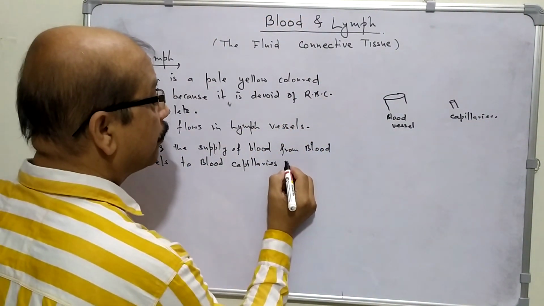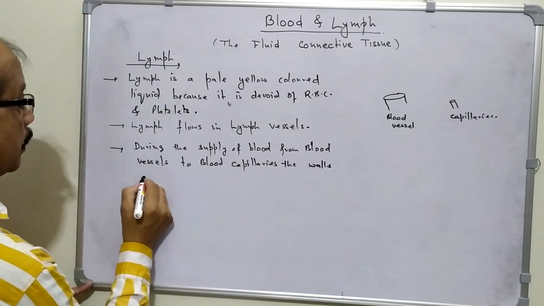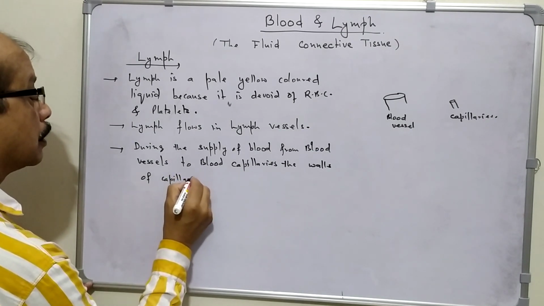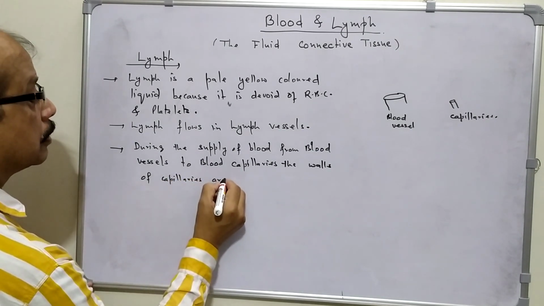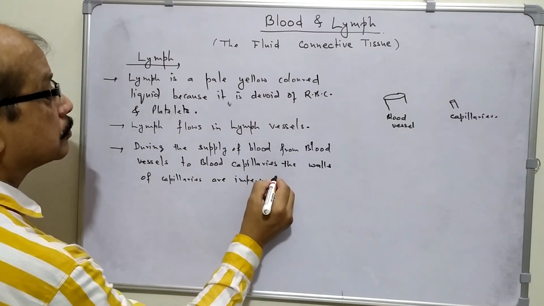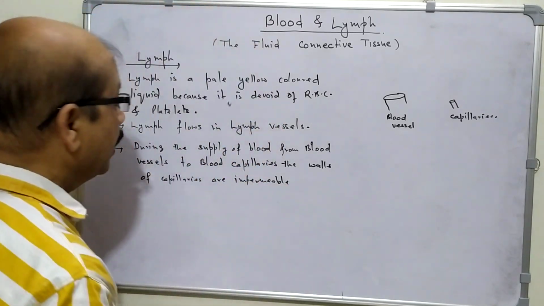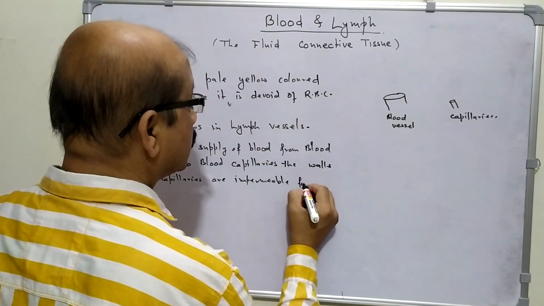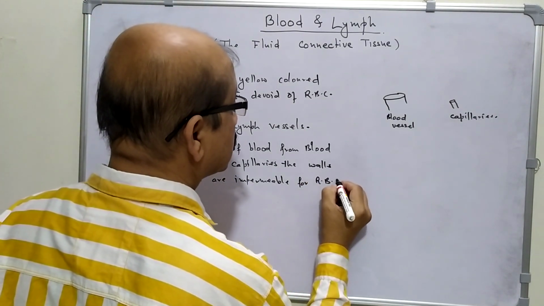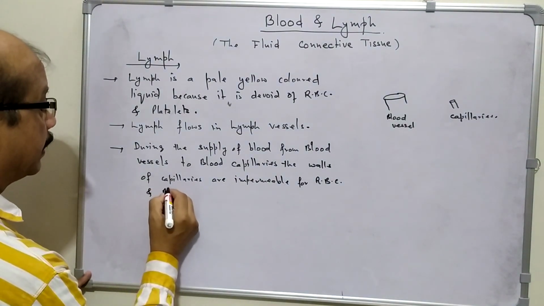The walls of capillaries are impermeable, that is, they are not permeable for RBC and blood platelets.